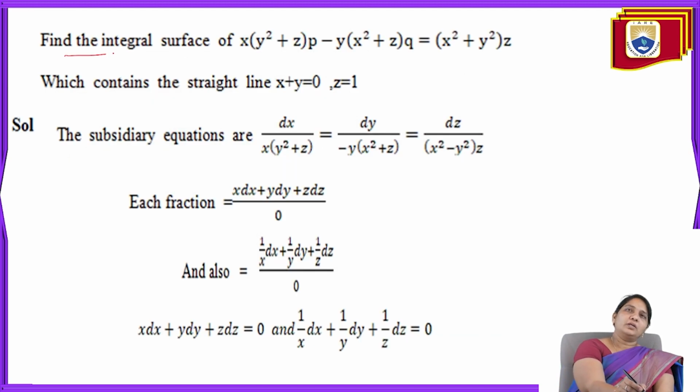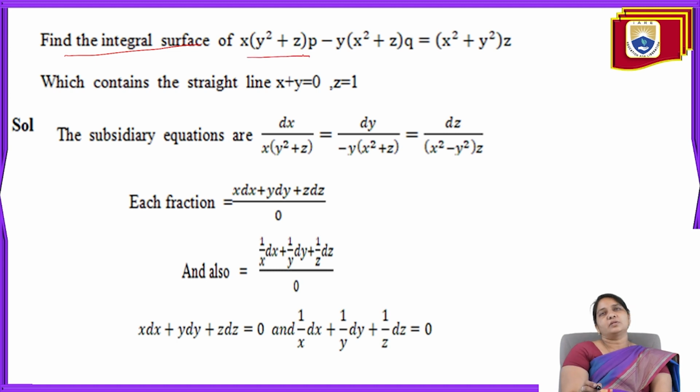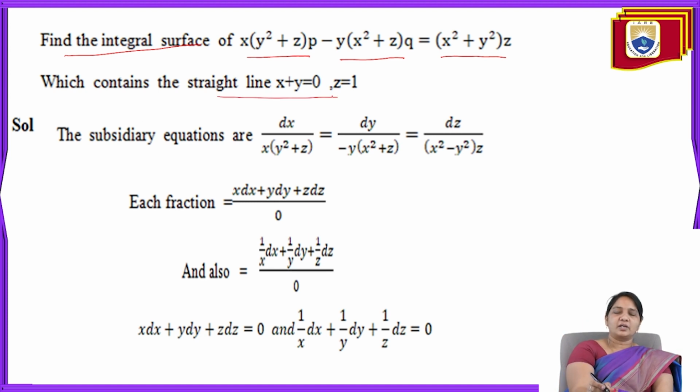Find the integral surface of x into y square plus z into p minus y into x square plus z into q equals x square plus y square into z. So here, again observe, which contains the straight line that is x plus y equals 0 and z equals 1.